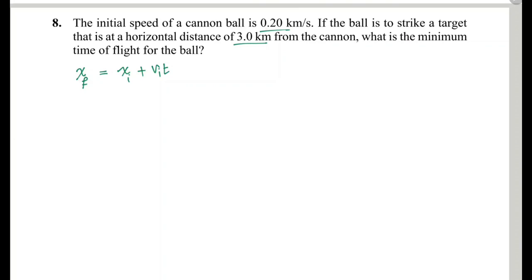So x final is already given as 3 kilometers, so 3,000 meters, and x initial starts from the origin, so it's 0, plus the velocity of the cannonball, which is 200 meters per second, times t. You solve this, you will find t equal to 15 seconds. So the flight time is actually 15 seconds.